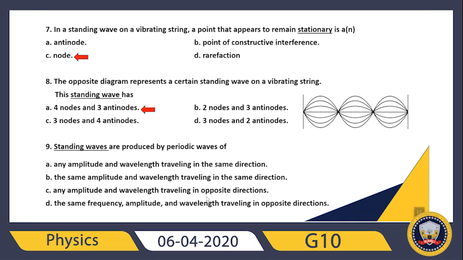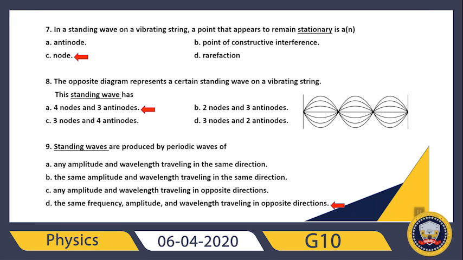In the opposite direction, yes, but not any amplitude. It should be the same frequency, amplitude, and wavelength traveling in opposite directions. So this is the correct definition for the standing wave. So it will be D. The same frequency, amplitude, and wavelength, but traveling in the opposite direction. So here is a standing wave.